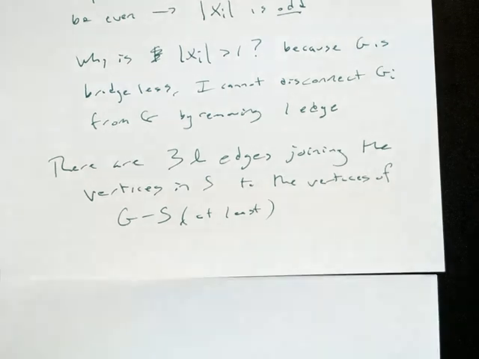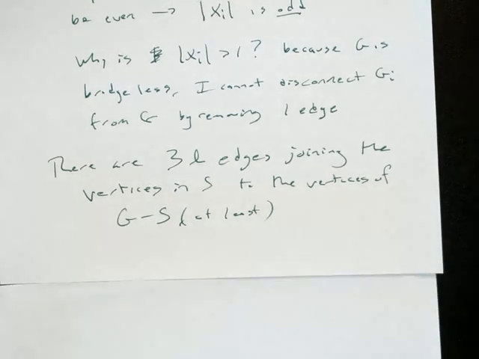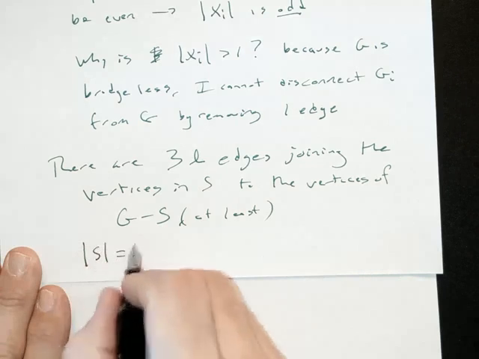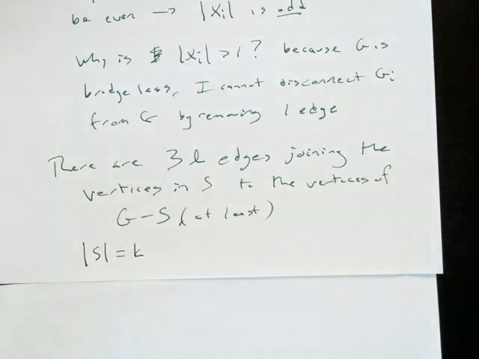But the order of S equals k. What do you know about every one of those k vertices? What do you know about every vertex in the entire graph? They're all of degree 3.